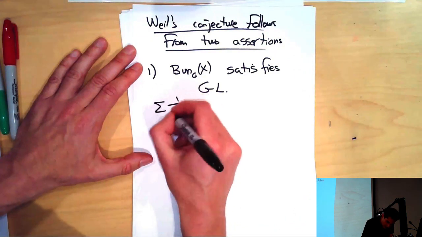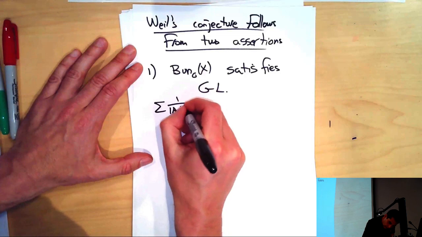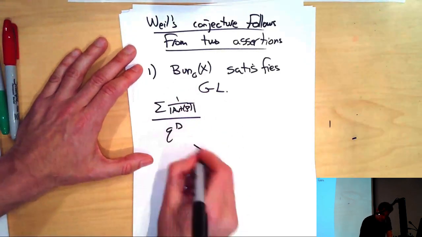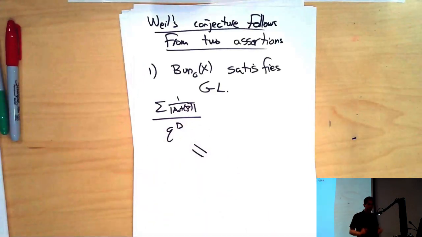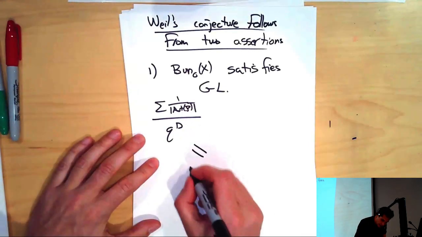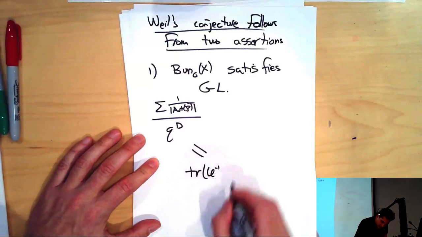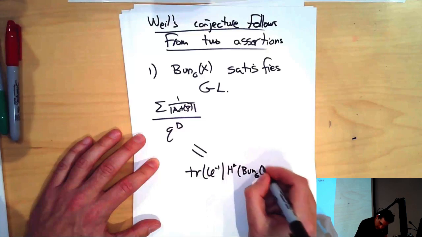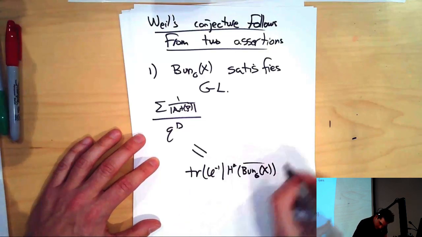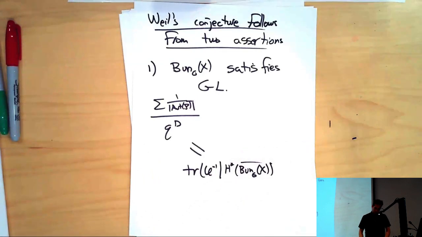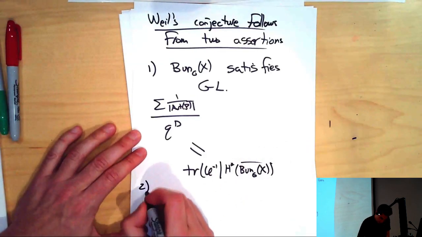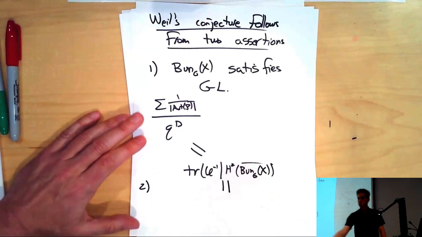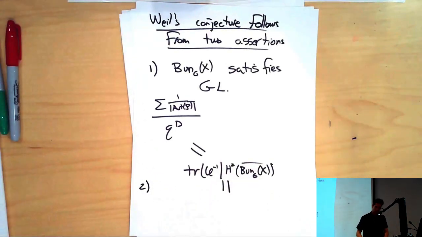That will tell you that if you take this mass and divide it by the power q to the d, then this should have an interpretation in terms of L-adic cohomology. This should be the trace of Frobenius inverse on the cohomology of this Bun_G X. And the second is that this trace is equal to the thing that we want it to be, something with an Euler product expansion.